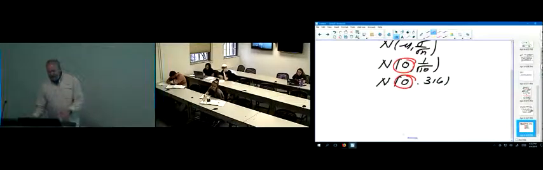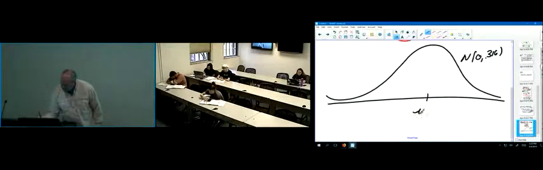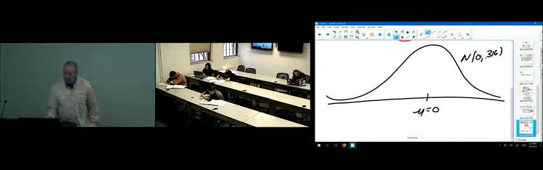So what this is telling me is that the sampling distribution looks like this. There's your normal distribution centered at 0, with a standard deviation of 0.316. That's what it looks like.